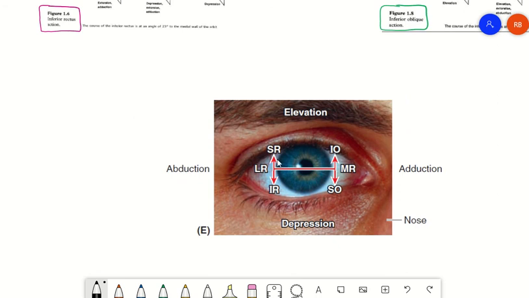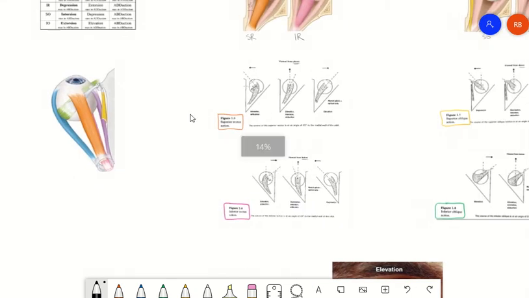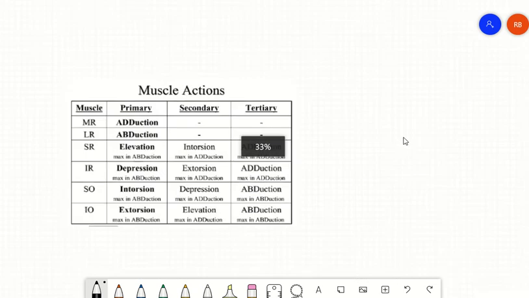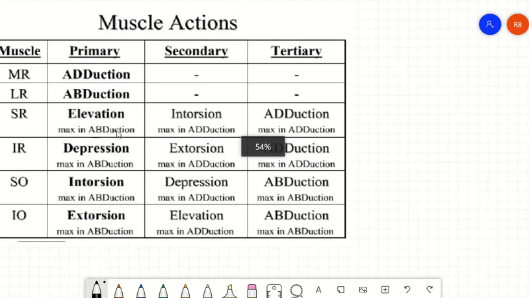And this side here, because it's towards the temporal side, the eye is being abducted. So what muscles are primarily elevating and depressing when the eye is abducted? As we can see from the grid here, when the eye is abducted, the superior rectus primarily elevates.